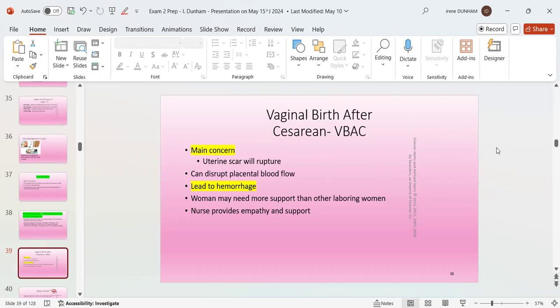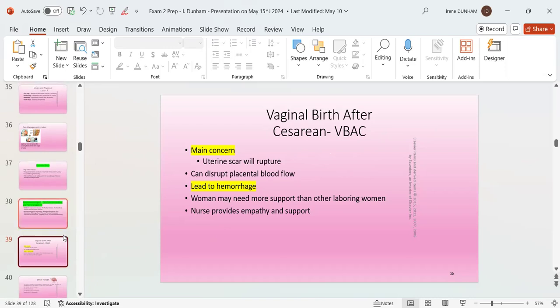Remember, augment means add to the labor, but you can't augment with these patients because you can't augment with Pitocin. So what happens to a patient that gets stuck at 6 centimeters? Well, she's probably going to end up with another cesarean section. Okay. So again, we're there for support. Whatever she wants to do, we're there. As long as she goes into spontaneous labor, she's okay.